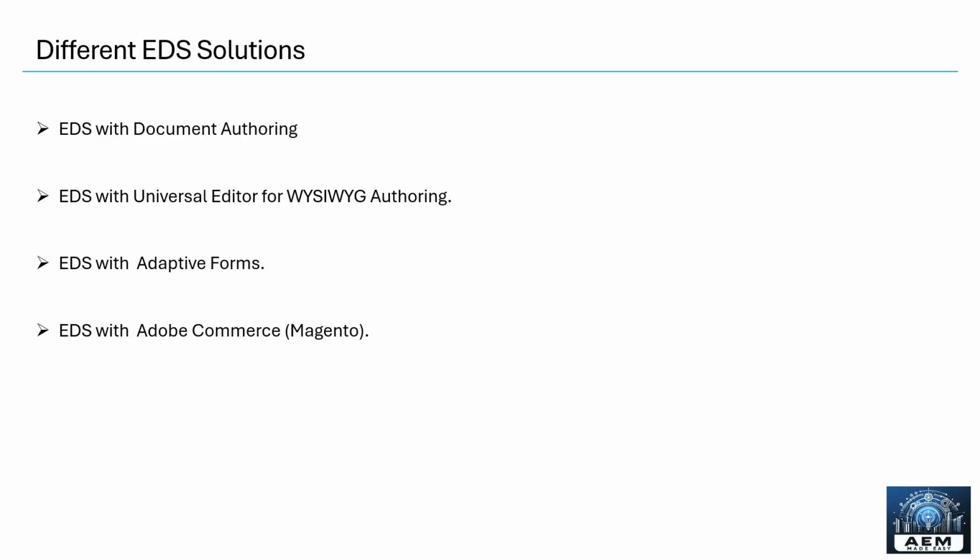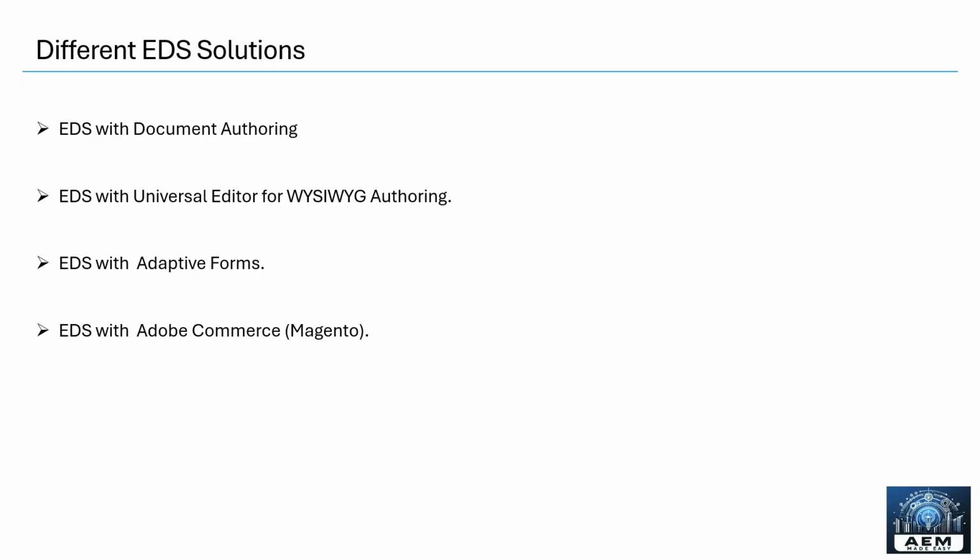Options are also available to use the adaptive form editor, like you normally use in AEM, to create your adaptive form. In short, form functionality is also available through EDS. You can build your adaptive forms.